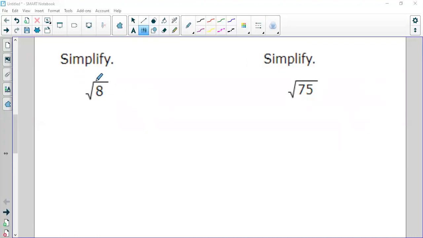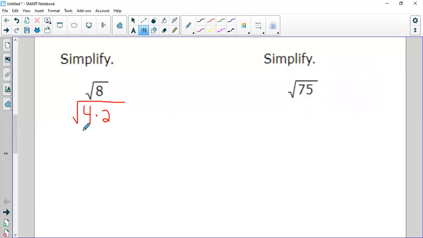So here we go. We're going to simplify the square root of 8. Well, the square root of 8 is not a perfect square. But if I think of factors of 8 that are perfect squares, 4 is a factor of 8 that's a perfect square. So this is not the square root of 8 anymore. It's the square root of 8 broken into 4 times 2. 4 is a perfect square. 2 is not. 2 is going to remain inside the radical.